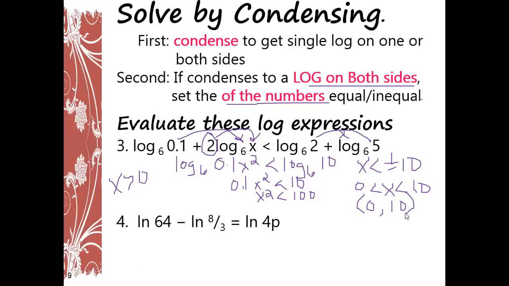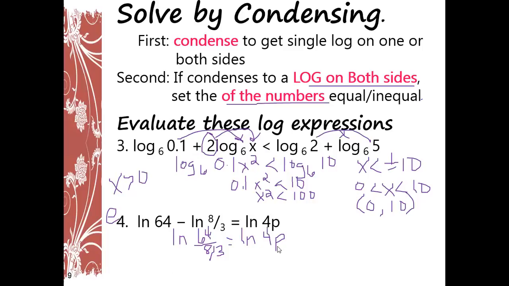I apply the same properties and rules when I'm condensing natural log. Remember, we are in base e with a natural log. When I condense, I get ln of 64 divided by 8/3 is equal to ln of 4p. I'm solving for p.